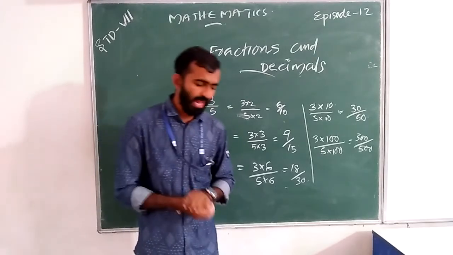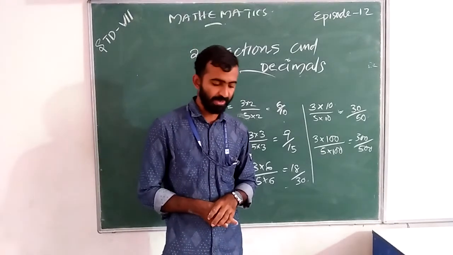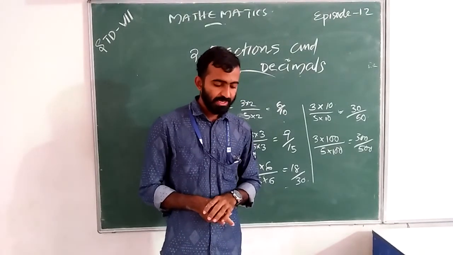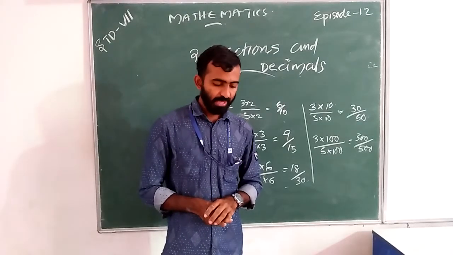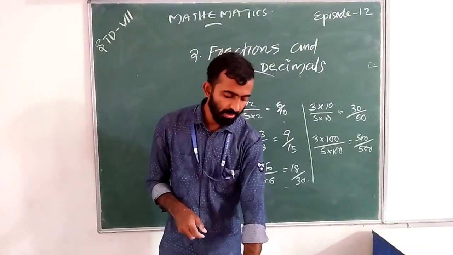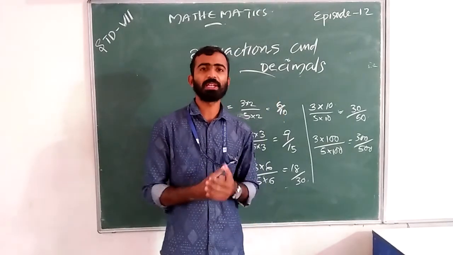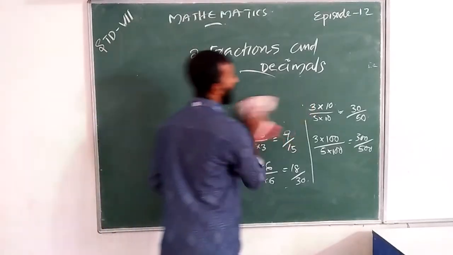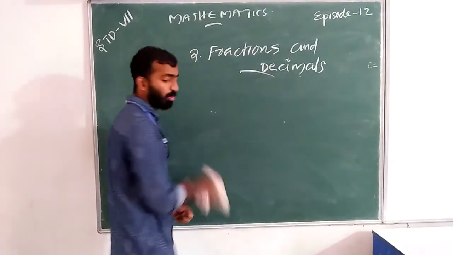What is example 2? Ramesh solved 2 by 7 part of an exercise while Seema solved 4 by 5 of it. Who solved the lesser part? We want to find who solved the lesser part.